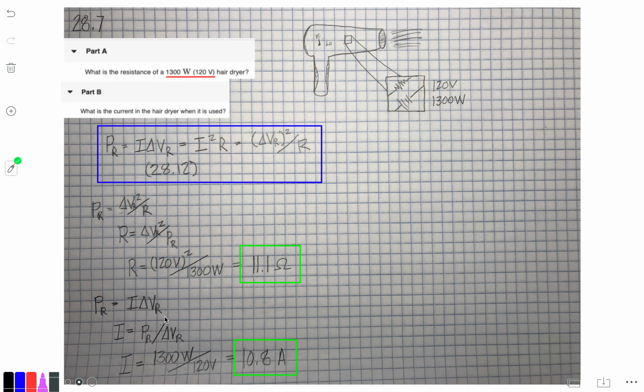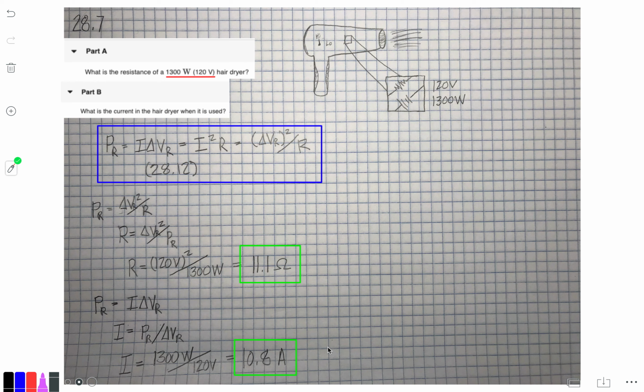So getting into the problem here, we just have to rearrange for I, or current, and just plugging in, we have our power divided by our voltage, or excuse me, over our potential difference of the resistor, and we end up with 10.8 amps. And again, this is rounded for Mastering Physics.